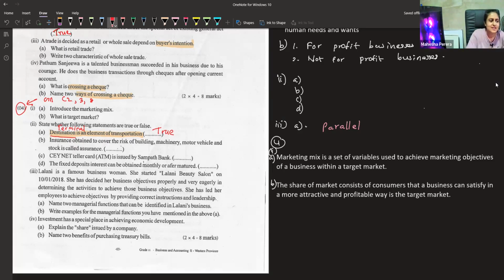They have taken destination as a synonym of terminal. Right, then the next one.